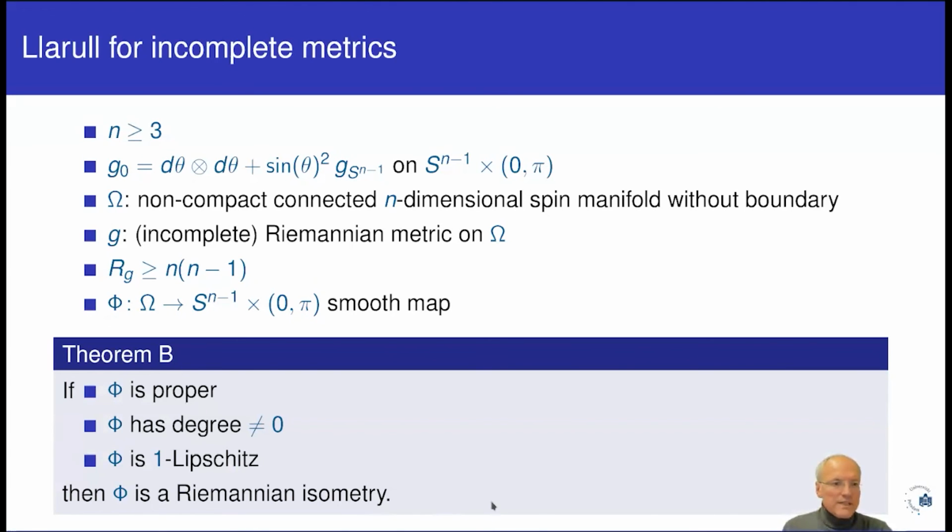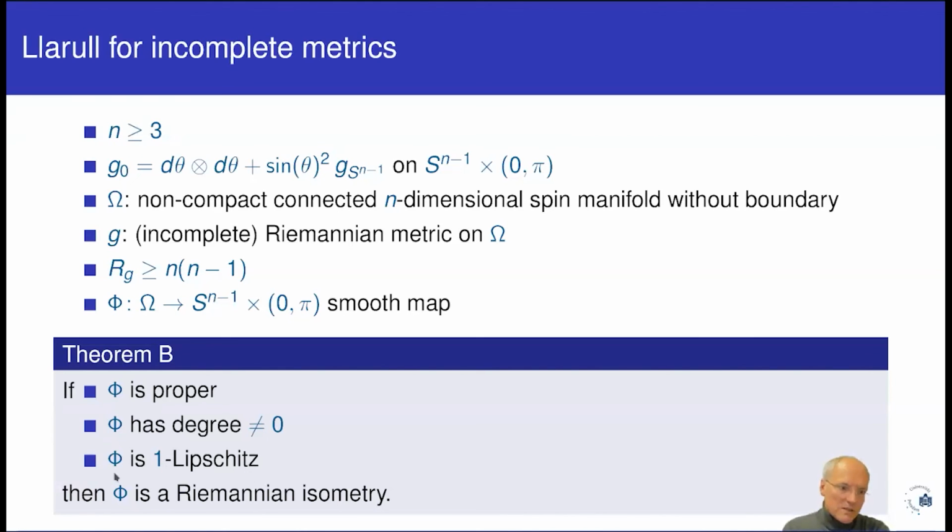And for example, you could apply this to the manifold omega being the punctured sphere itself, just replacing the standard metric g0 by some other incomplete metric on the sphere with the antipodal points removed, such that the scalar curvature is bounded by the standard curvature, and such that the metric itself is bounded by the standard metric, so that the identity becomes 1-Lipschitz.